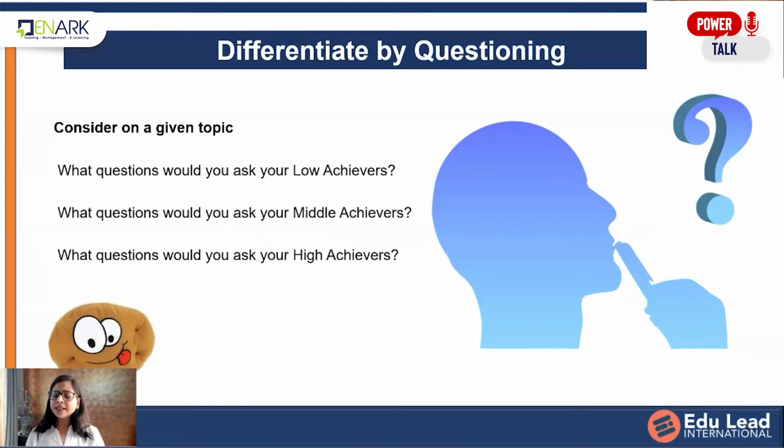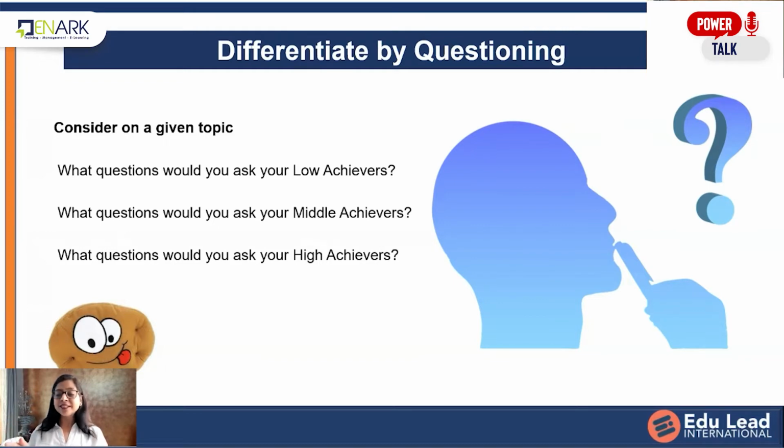Now, why is it that differentiation by questioning will work? It will work because when you are asking your low achiever a question which he or she may be able to answer, and when this person answers and you say that yes, this is the correct answer, the person's self-esteem goes high, and this person now becomes ready to take a higher level of challenge.